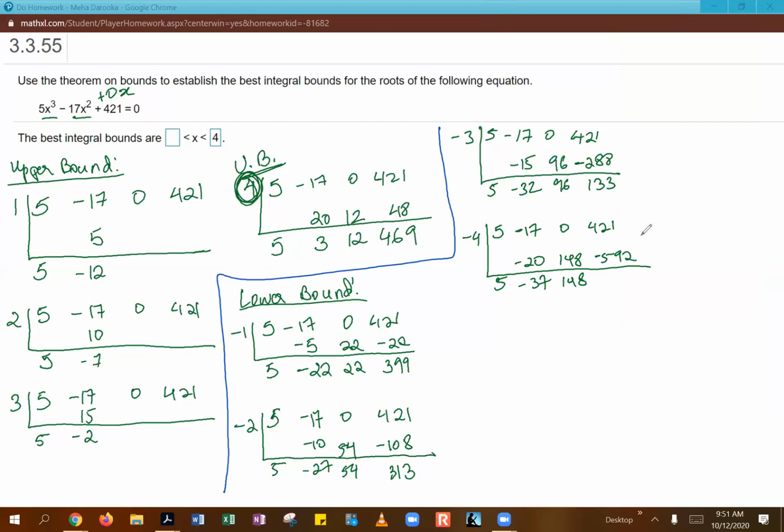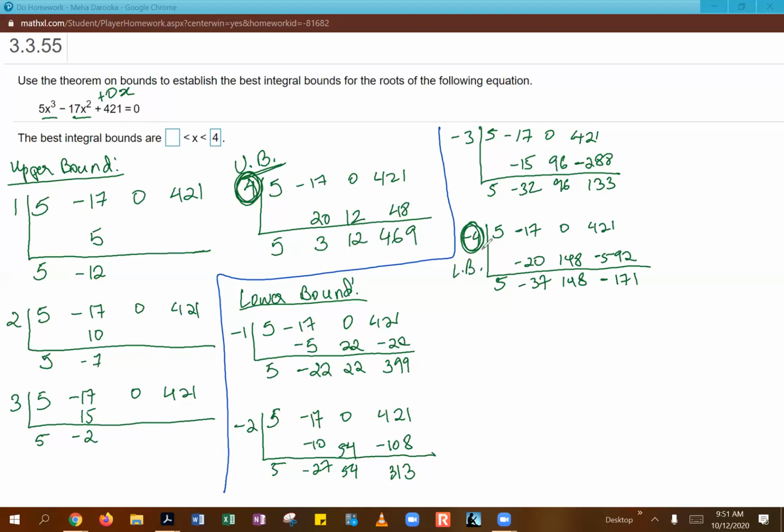And this is what I was talking about. So now when you add the +421 with -592, you should see -171. And you can see our signs are alternating because we have +5, -37, +148, -171. So the bottom row has alternating signs. So that of course means this guy becomes our lower bound.